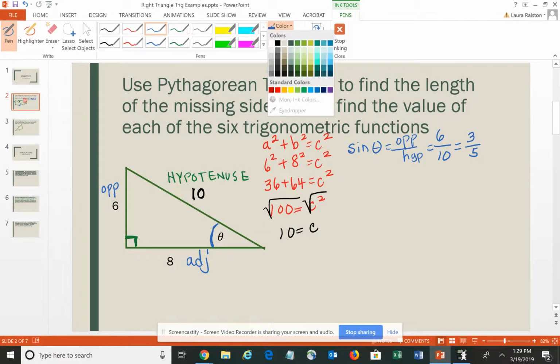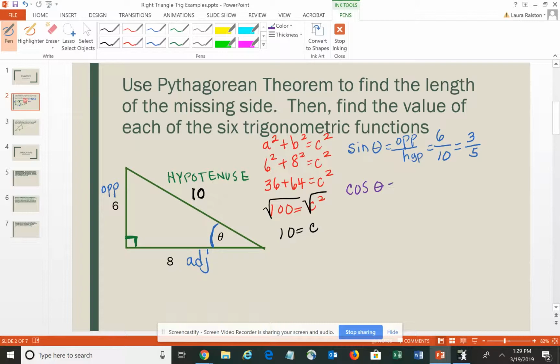Then if we look at cosine, the cosine of theta equals the adjacent over the hypotenuse. Notice how I write out the formula each time. I've also labeled the triangle. I just think that's helpful. So we would have 8 over 10, simplified is 4/5. We always simplify fractions.